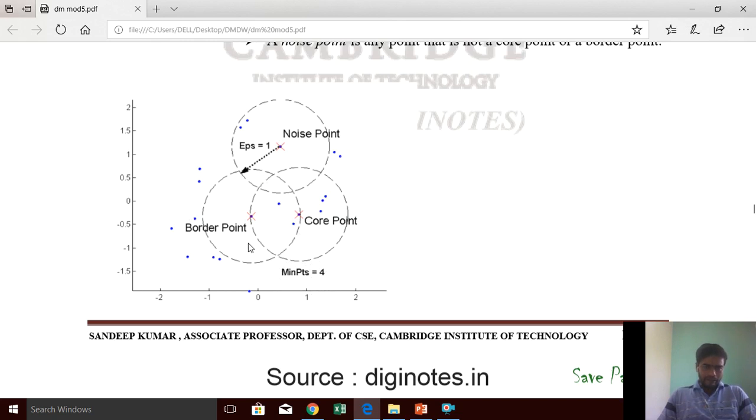So this point cannot be a core point. It will be a border point. The condition it is not satisfying is minimum points equal to 4. So this is not a core point, but this point is in the neighborhood of the core point's circle. This point is within that circle, at the border. So this point is called a border point.